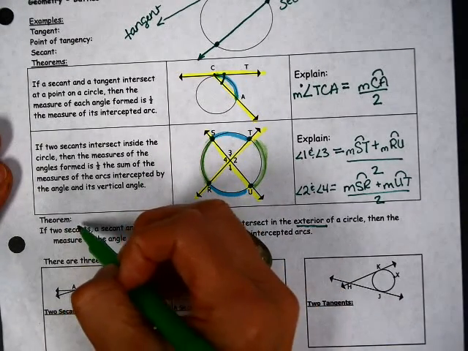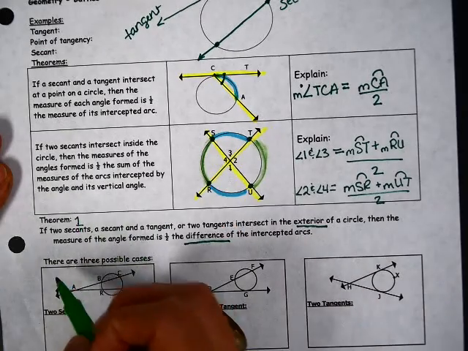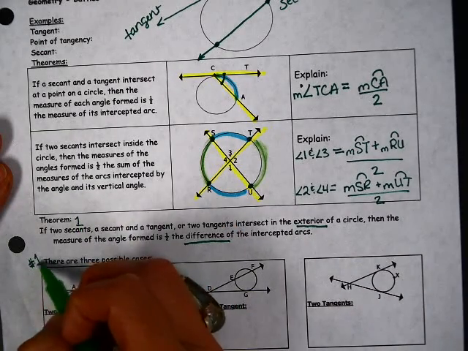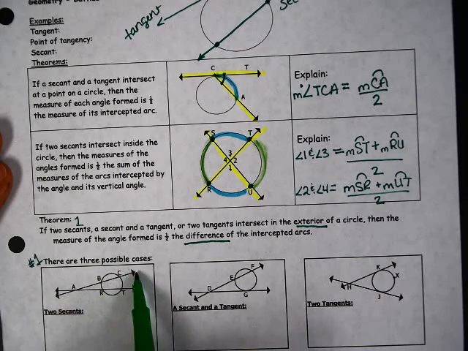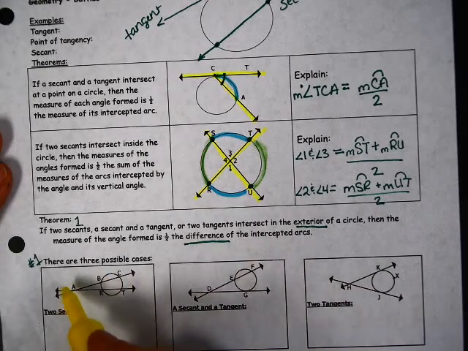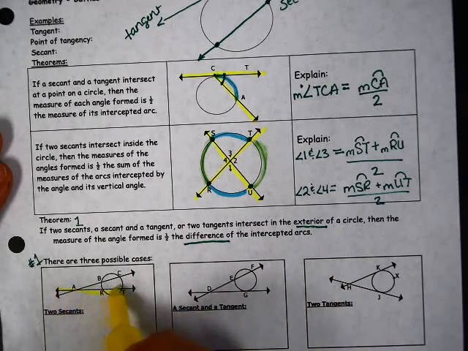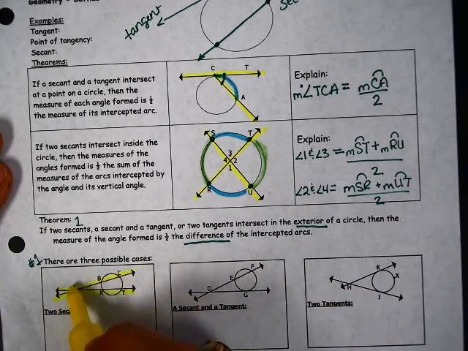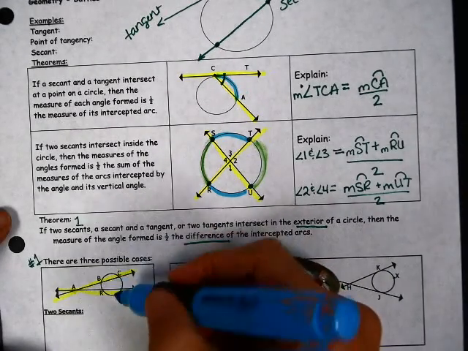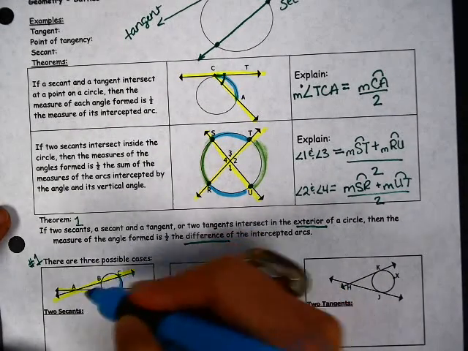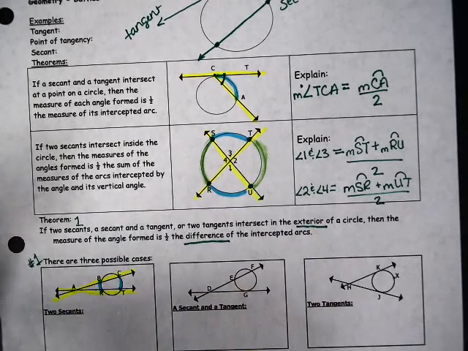Now, the first scenario, if 2 secants, that's this one right here, number 1. 2 secants, AC and AT are both secants. Notice they intersect outside the circle out here. So the arcs that they intersect are CT and BR.